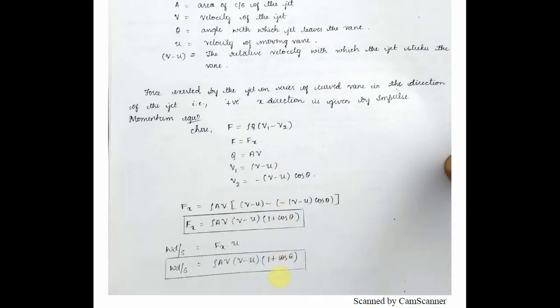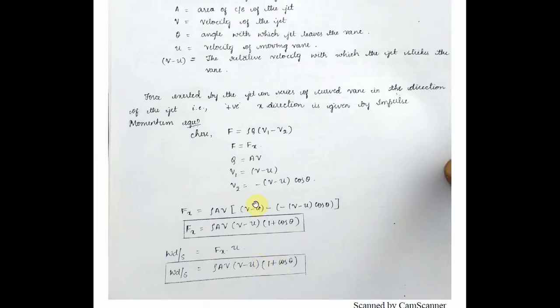Therefore, the force exerted by the jet on the series of curved vanes in the direction of the jet, the x direction, is given by the impulse momentum equation as we used in the previous session.